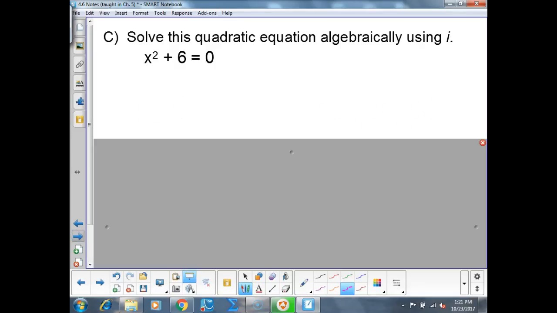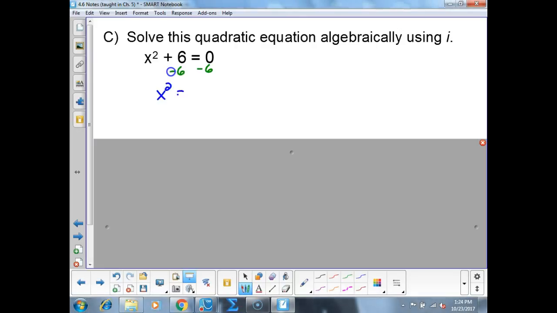Using your math skills, solve me x squared plus 6 equals 0. So you did what? First, subtract the 6. So then that gave me x squared equals negative 6. Then you can square root both sides.